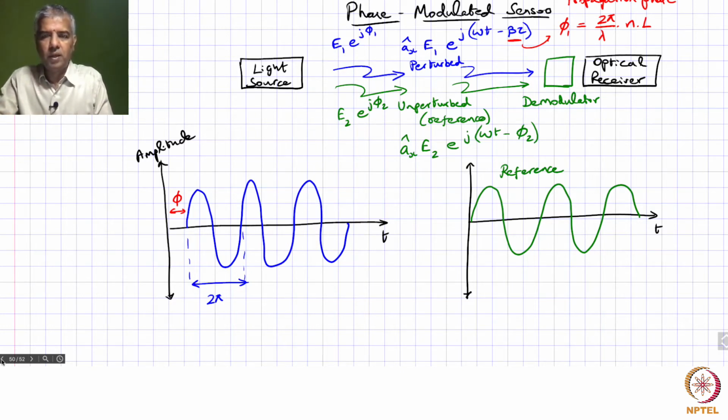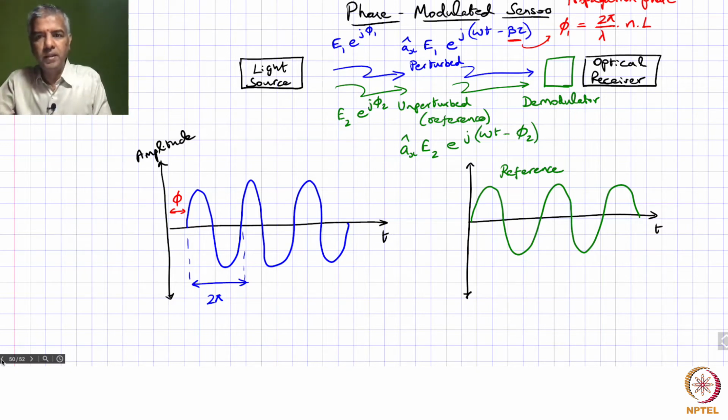And with respect to that, we said phase, especially when it's propagating over long distance, is not something that you can measure in absolute terms. So you need a reference, and typically you use a reference which is protected from whatever perturbation you are trying to measure, and then you will be able to pick up any phase change between the perturbed radiation and the unperturbed reference, right?